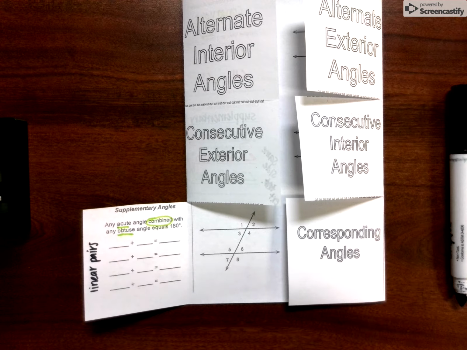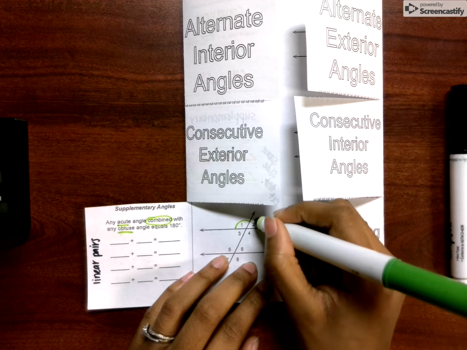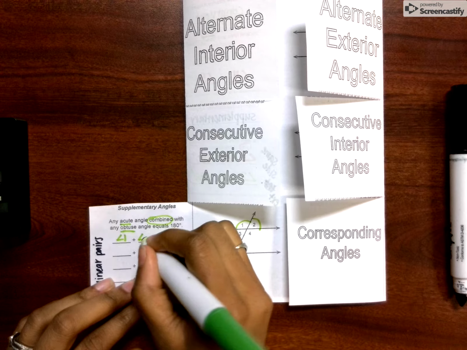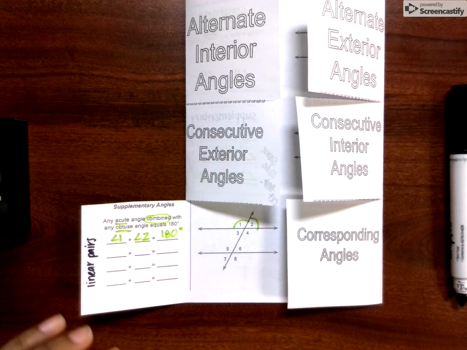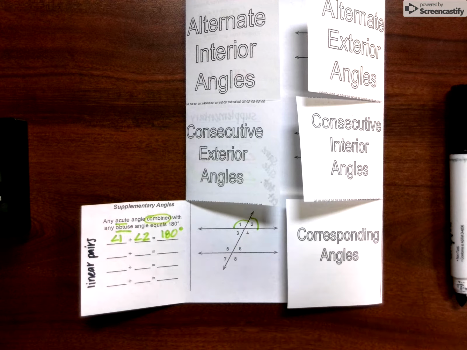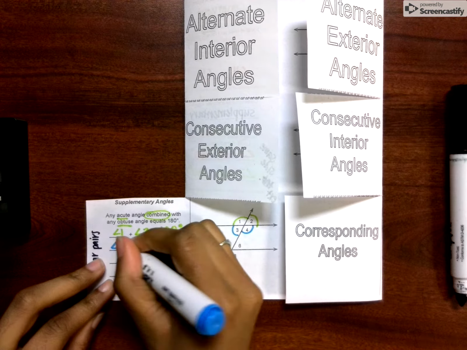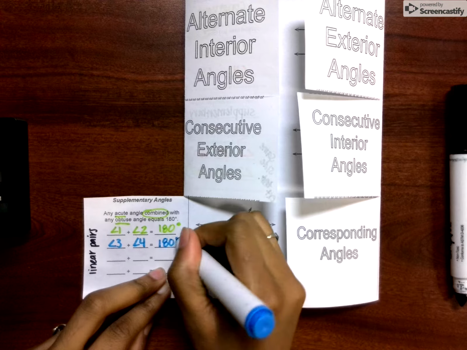All right. Now, let's look at our first pair. Angle 1 and angle 2, they're right beside each other. So they'll total up to equal 180. You could even do 3 and 4. And that would equal 180 degrees.